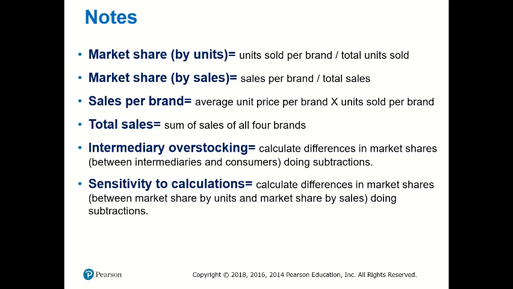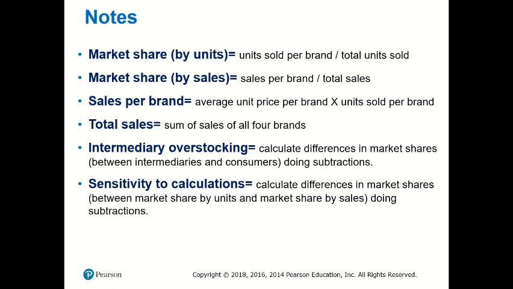So that's half of the market share. If you are selling to the intermediary 40% of your brand, and that intermediary in turn only sells 20% market share of your brand, it means that they are overstocking. If they carry more inventory than what they sell, that's overstocking.